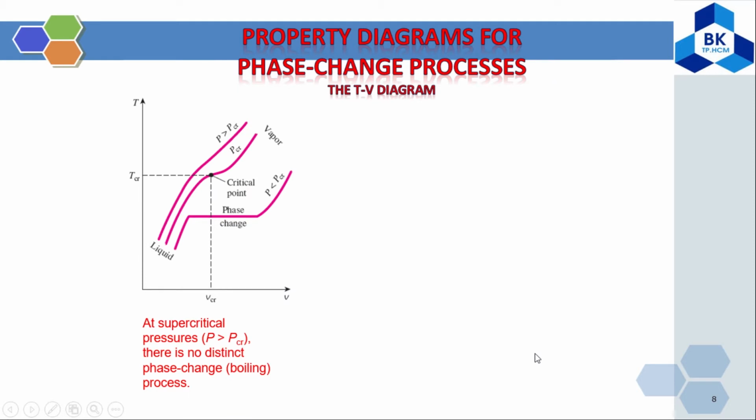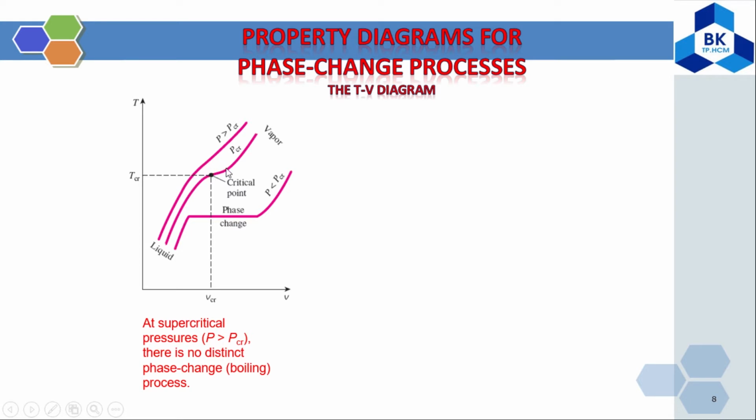Okay, so property diagrams for the phase change processes we call the T-v diagram. At the supercritical pressure, at this point we call this the critical point. It means there's no distinction in the phase change, boiling process. That means if we bring up to a certain pressure and temperature of every substance, we will achieve the critical point.